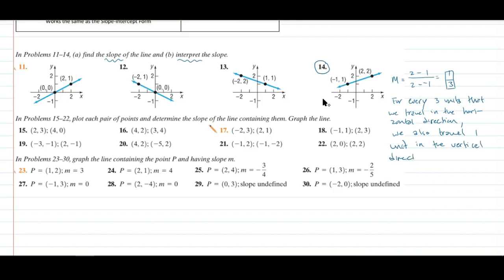And so that is the interpretation of it. Simply to say, oh, it's just a rise over run, that's not sufficient.